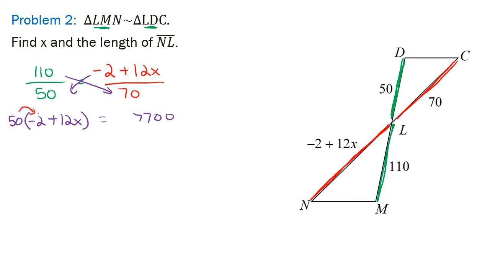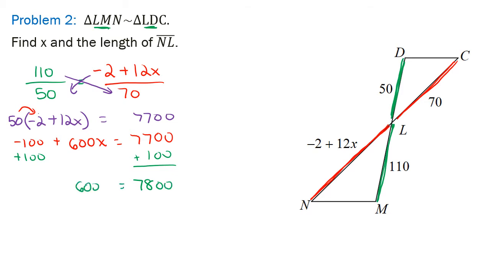So 50 times negative 2 is negative 100, and then 50 times 12 is 600x. That's going to equal that 7,700 that we got from multiplying the 110 and the 70. Then we continue to solve the problem. We're going to add the 100 over, so we have 800. Then we're going to divide both sides by 600 to get x by itself.